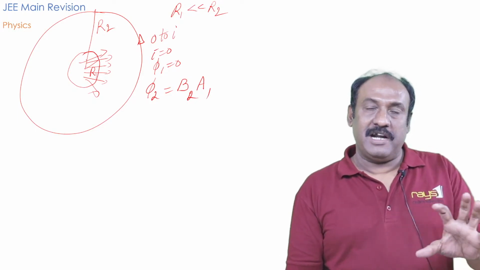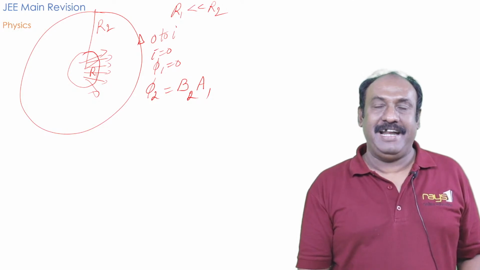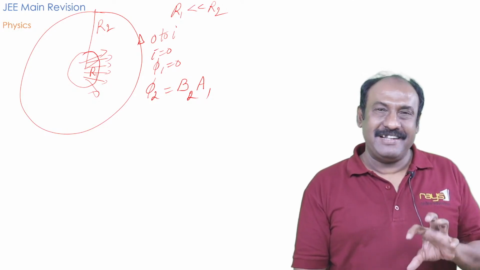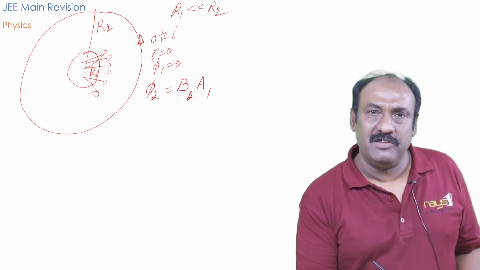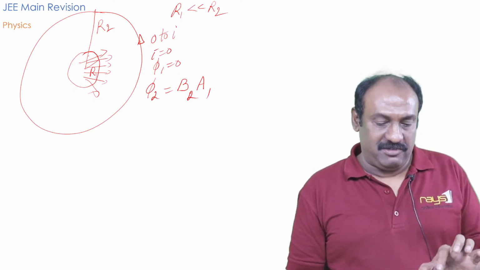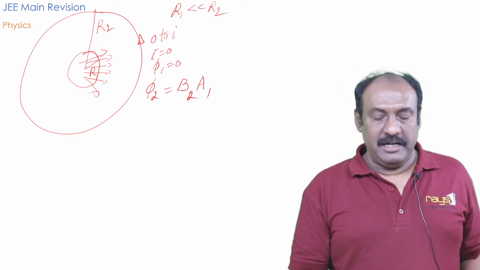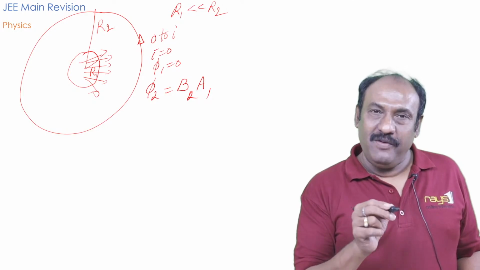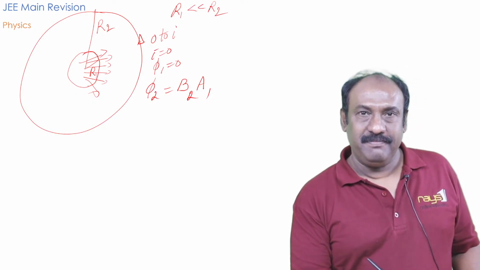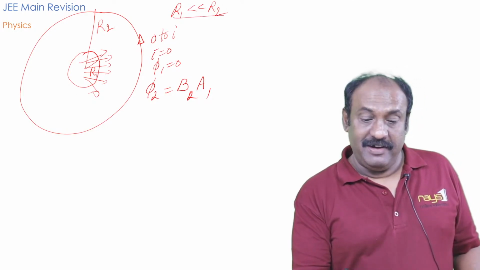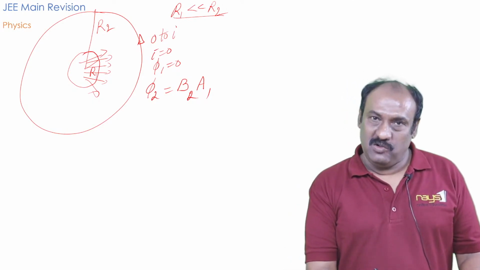So for a circular coil carrying current I, the magnetic induction at a point near the center, because it is a very small area when compared to the radius R2, you have to assume the magnetic field is uniform in this area. For that reason it is given that R1 is far less than R2.